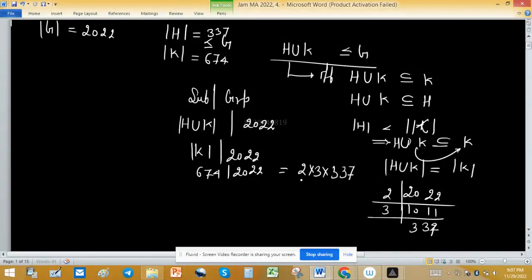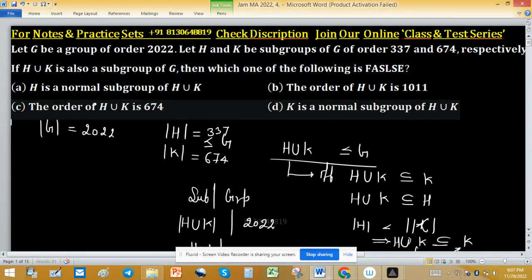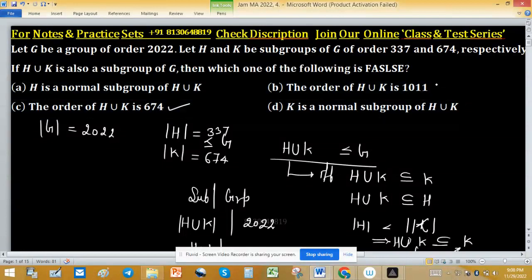And if we multiply 3, 3, 7, we are getting 3 into 674. And obviously 674 divides this one. So it is perfect. It means the order of the union is 674. Now it is clear, so the order of the union cannot be 1011.